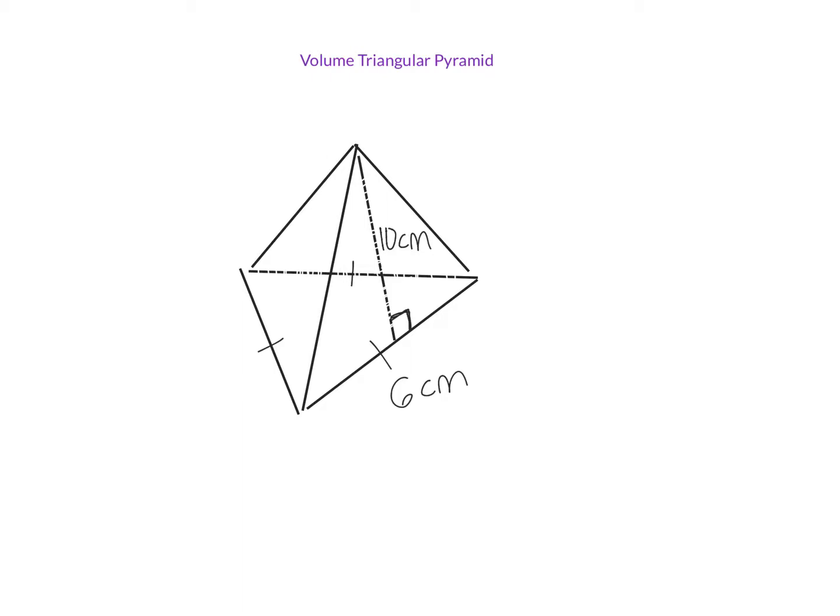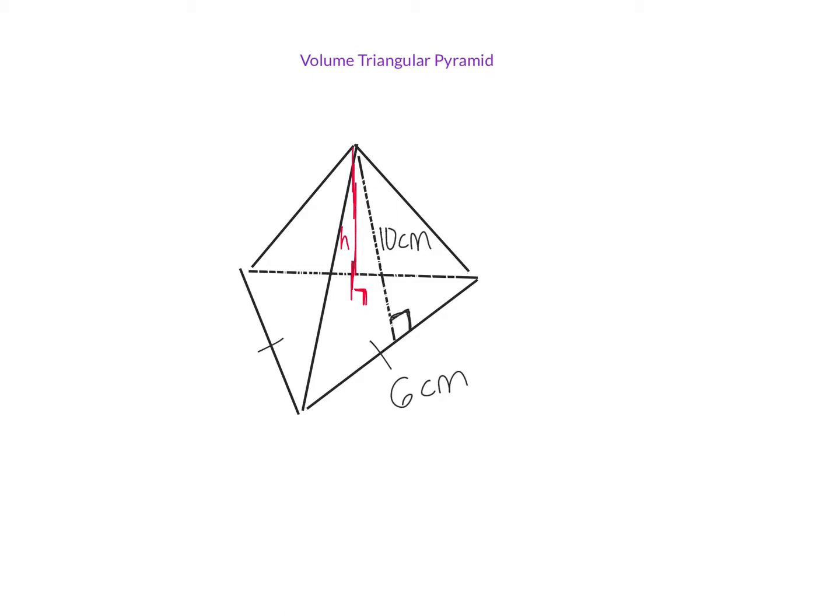It does not represent the height of the pyramid. The height would have been a vertical line that is perpendicular to the base. So like this. This would have been the actual height versus 10, which represents the slant height.